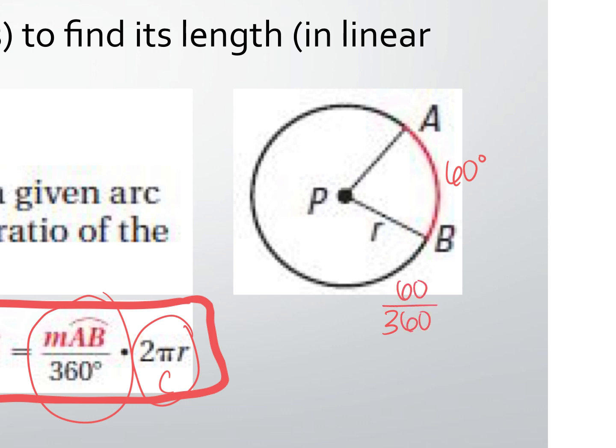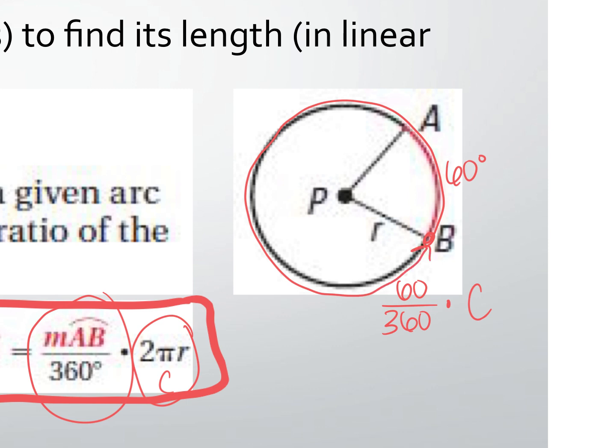Do you agree? That ratio, what we're doing with that is we're multiplying it by the circumference. Because then that's telling us circumference is the distance all the way around the circle. Do you agree? So if I started at B and I go all the way around the circle and I end up back at B, this is circumference.